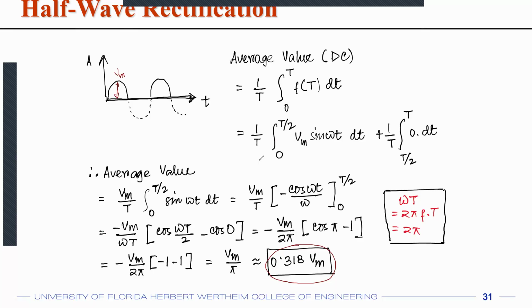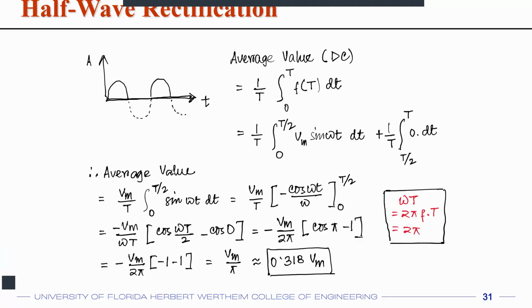This just comes from the fact that you can do the integration in two parts, one from 0 to T over 2, that's half of the cycle, and then T over 2 to T, the second half of the cycle, where the value of the signal is equal to 0. Once you do the integration, you'll end up with 0.318 times Vm. That's the average value of the half-wave rectified sine signal.